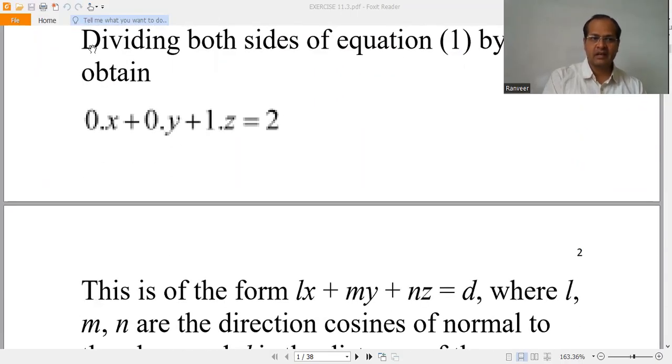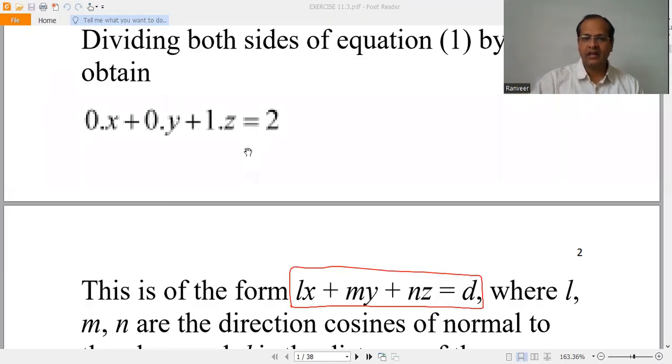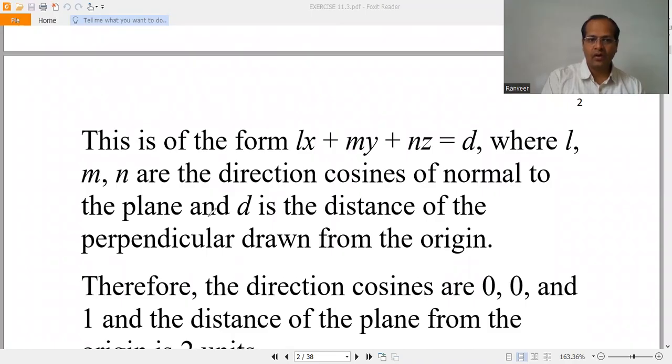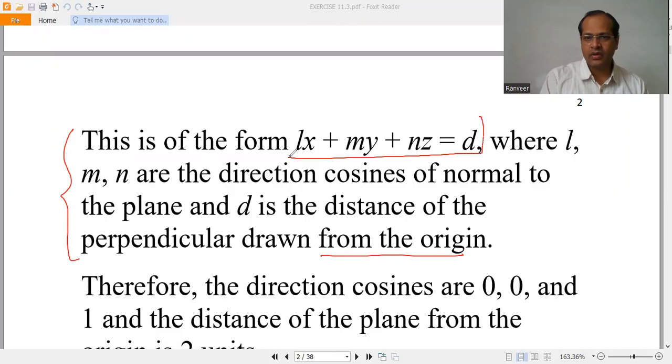So this is coming in the form of Lx plus My plus Nz equal to D, where L, M and N are nothing but the direction cosine of normal to the plane, as well as D is the distance of perpendicular from the origin. This is very important. You have to remember this. So Lx plus My plus Nz equal to D, L, M and N are the direction cosine of normal to the plane, and D is the distance from the origin.